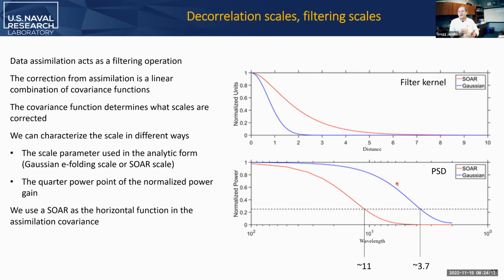For the horizontal scale we use a second order autoregressive function. This is a comparison of what a SOAR function looks like to a Gaussian if they both have a scale of 1, and this is the power spectral density of these. A SOAR quarter power point is about 11 times its scale. Keep that number in mind. Just remember, this one goes to 11.